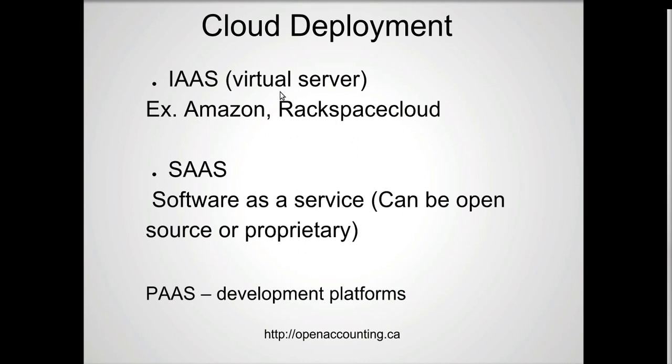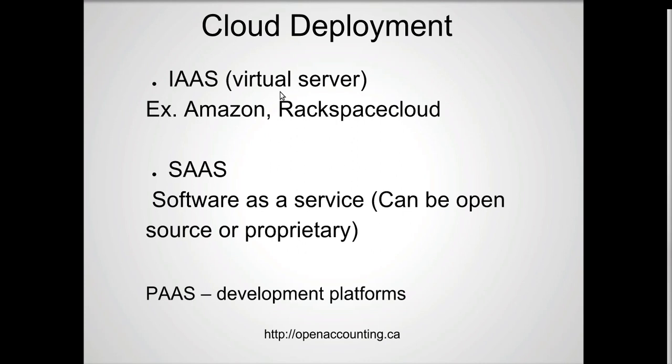So we can do things like dynamically expand it if we're running out of capacity, or we'll only pay for what we use. That type of thing. It's pretty easy to get up and running on a new virtual server by just provisioning it. And some of the most prominent vendors are Amazon and Rackspace, but there's a lot of other ones as well.